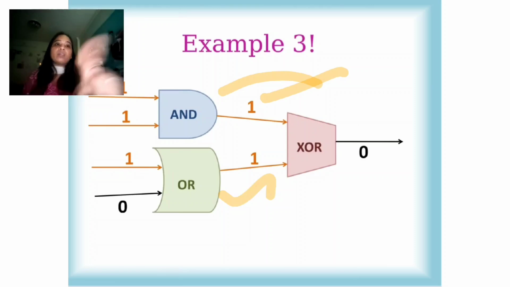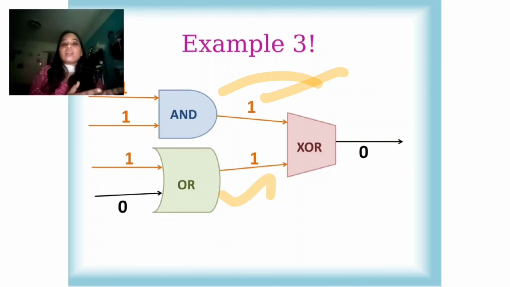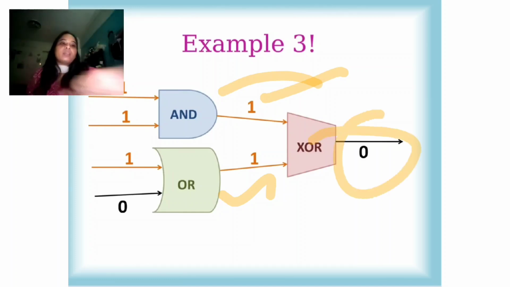That's right. But for the XOR gate, what is the result? If both inputs are true, you get false, that is the off position. So this is the function of these gates. The AND gate can be used, as well as OR and XOR gates.